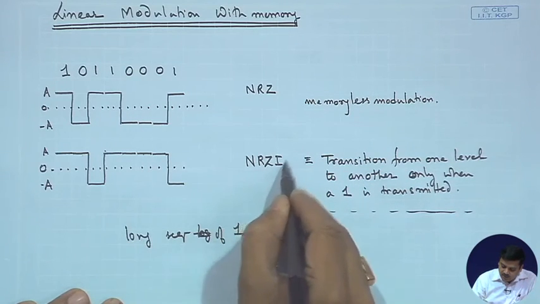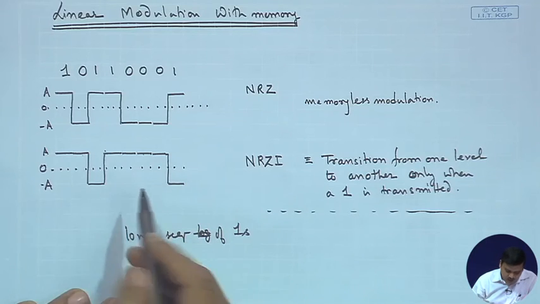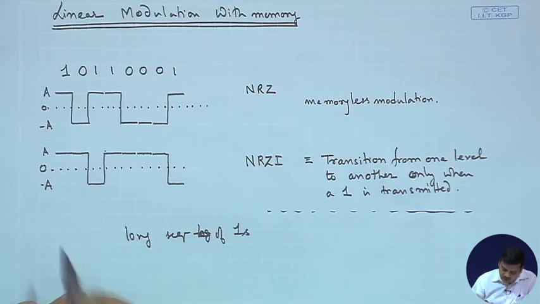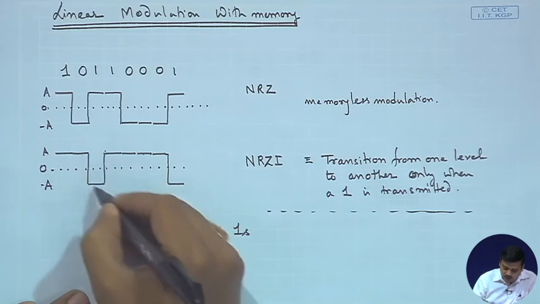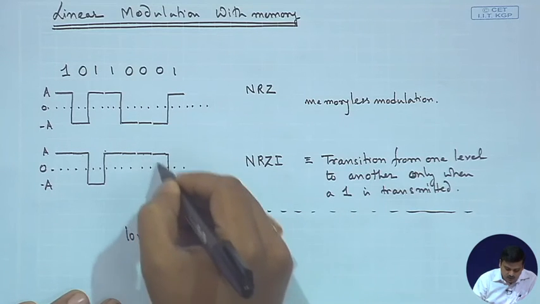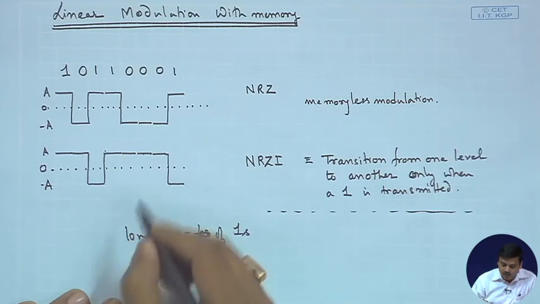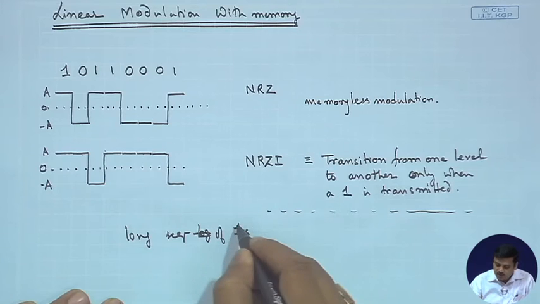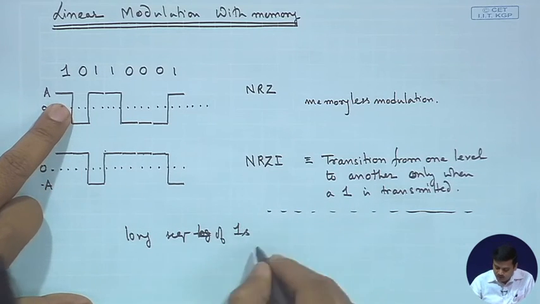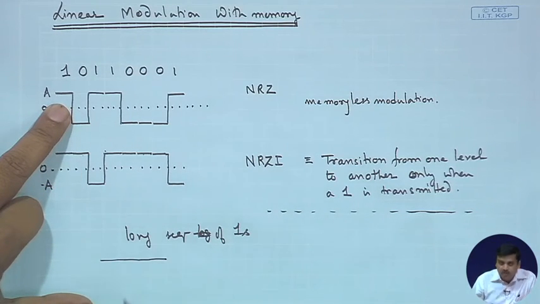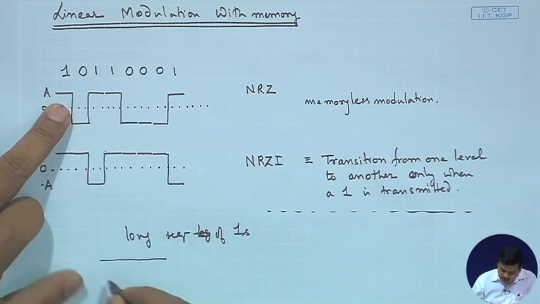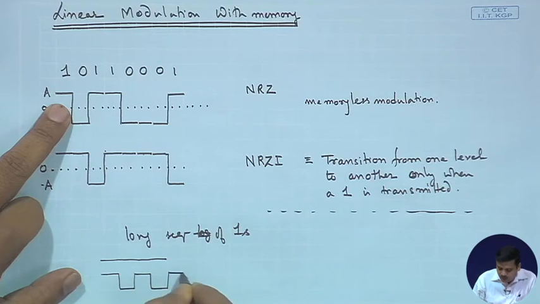Whereas, if you have NRZI or NRZ1, whenever there is a 1, if you have a long sequence of 1s, you would experience continuous transition, right. So, the long sequences of 1 in this case would produce a continuous value of plus A, whereas in this case it would produce continuous shifting between these.